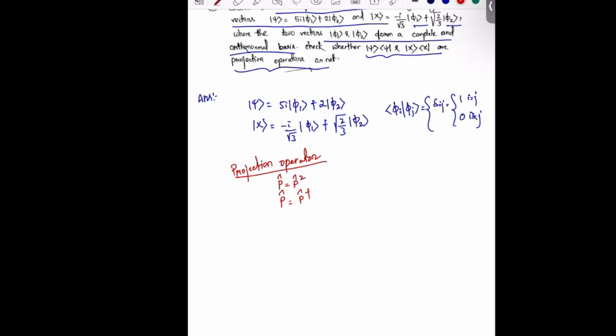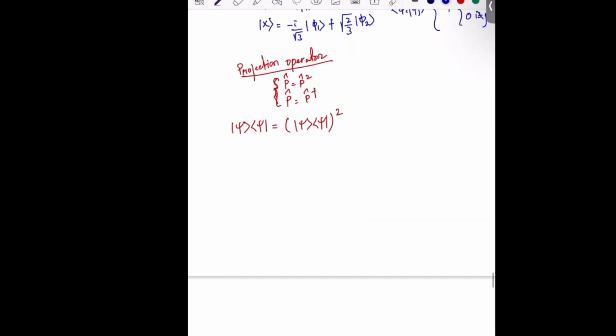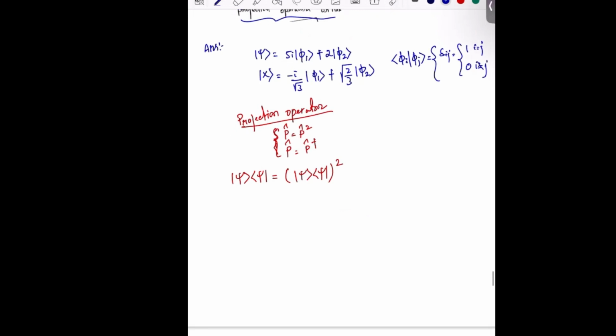Okay, so these are the properties of a projection operator. So first, what you have to do is check whether psi equal to psi square. Remember these properties, it will help you solve many problems. Properties are important, it will ease your process of solving.